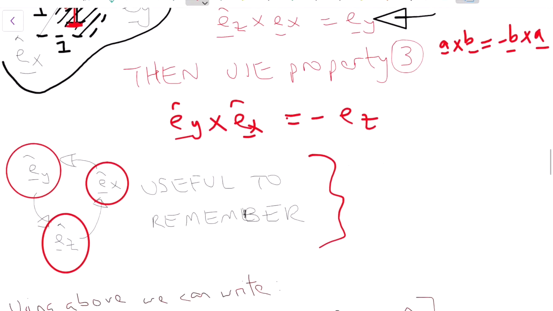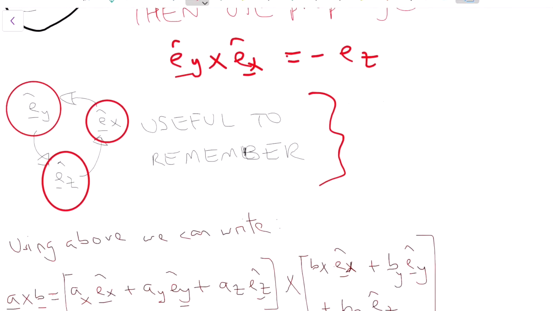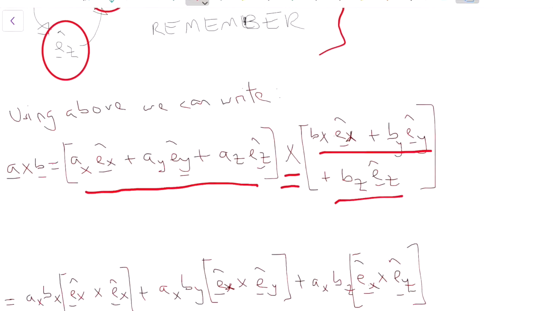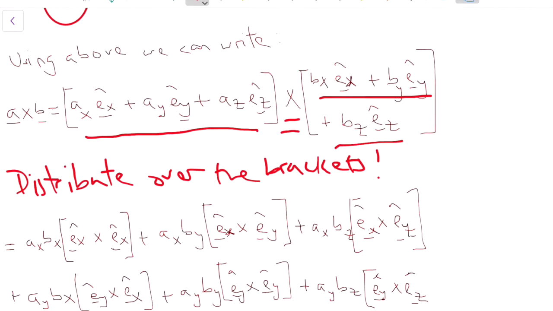Now, using the above, we can write A cross B as (ax ex plus ay ey plus az ez) crossed with (bx ex plus by ey plus bz ez). And now what we can do is distribute over the brackets to obtain, well, if you look at the first term, let me change color.